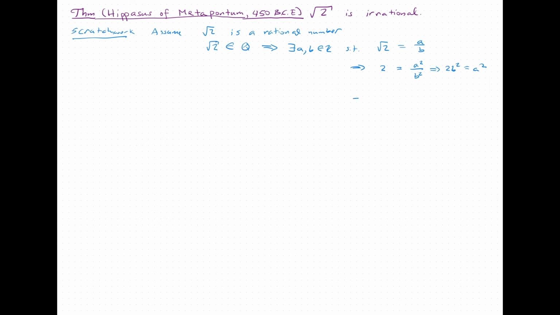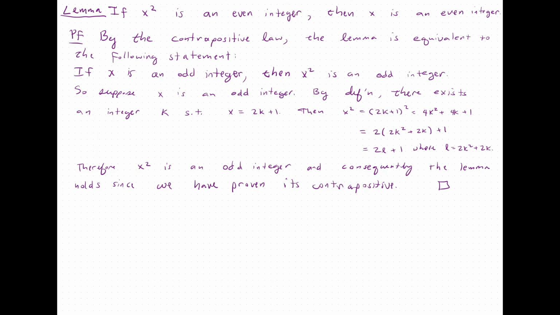But then, we have that a squared is even. And if we come back to earlier in last week, we have proven the following statement. So we have proven that if x squared is an even integer, then x is an even integer. So this was our first example of seeing how the contrapositive could be used to prove a mathematical statement.